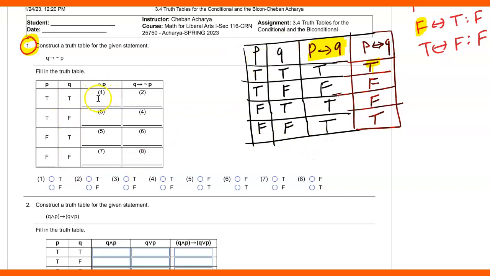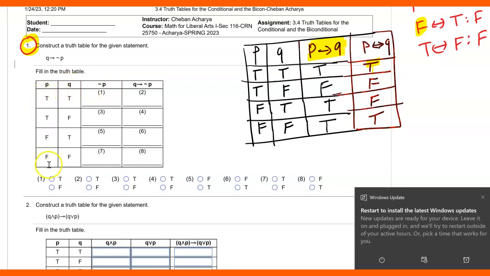Let's fill in each box here. There are 1, 2, 3, 4, 5, 6, 7, 8 boxes. For this column, you look at P to find the not P truth value. P is true, true, false, false, therefore not P is going to be false, false, true, true.